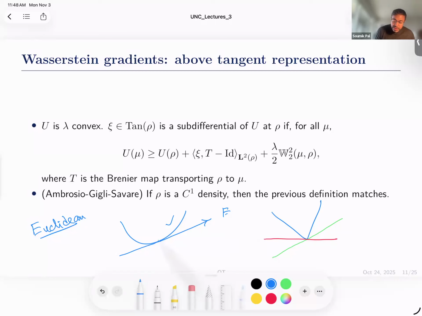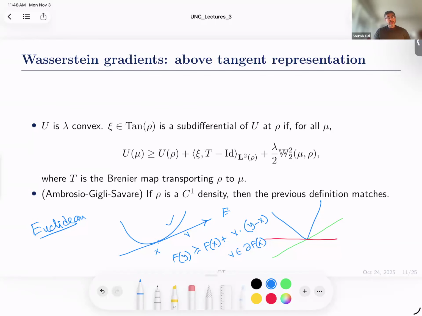So I'm looking into, let's say, this point x, and this velocity v, if f of y is greater than or equal to f of x plus v dot y minus x, then v is in the subdifferential of f at x. Right? This is a definition that we know and love. It makes sense. Convex functions means that you draw a tangent and the function lies above the tangent.